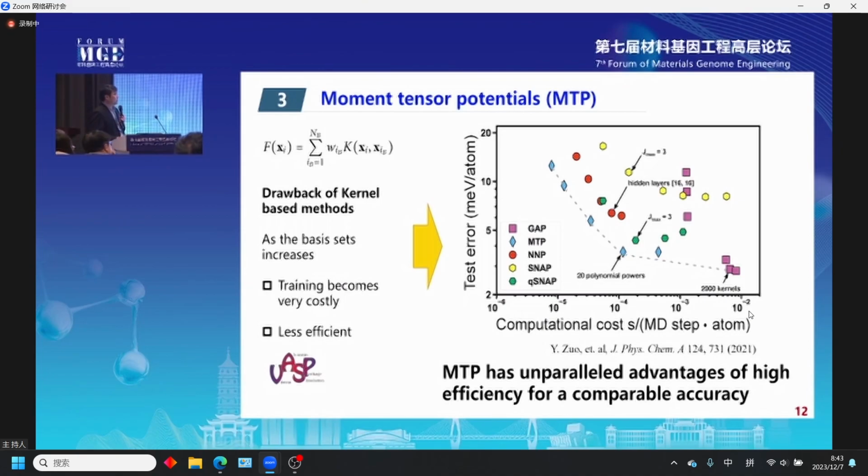If we compare different methods like GAP, NMP, and SNAP, the time cost is much less and the test error is low. Compared to the other methods, MTP shows a very good advantage over these different machine learning methods.